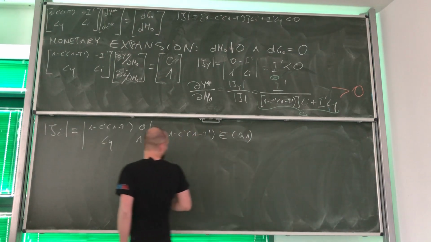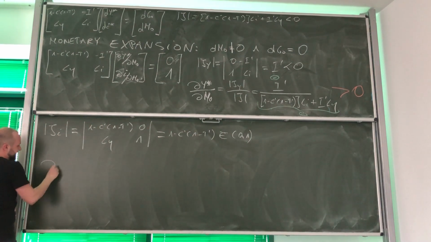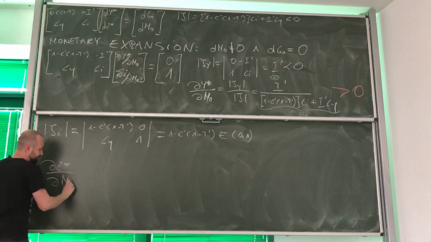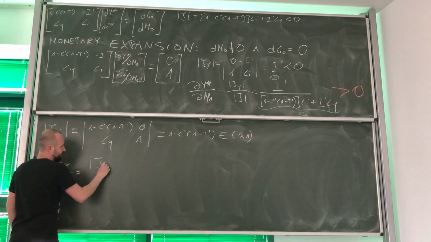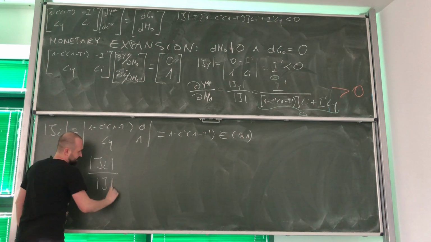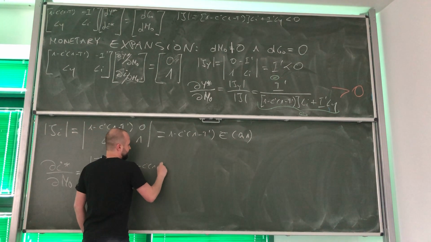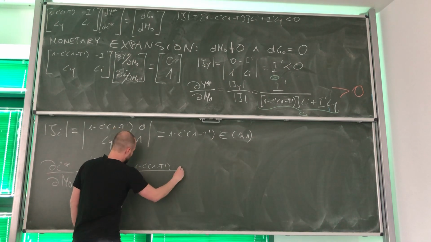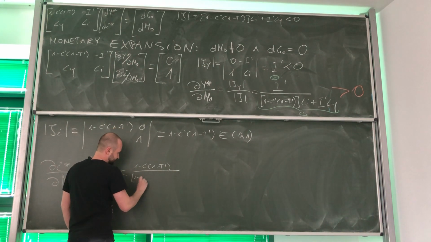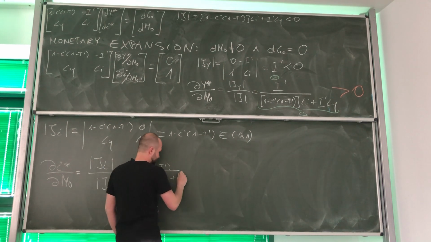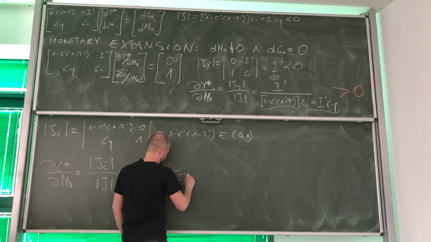Now, comparative static derivative of equilibrium interest rate with respect to money supply, which is given by Ji over J, is equal to 1 minus c prime, 1 minus t prime over 1 minus c prime, 1 minus t prime Li plus I prime Ly.